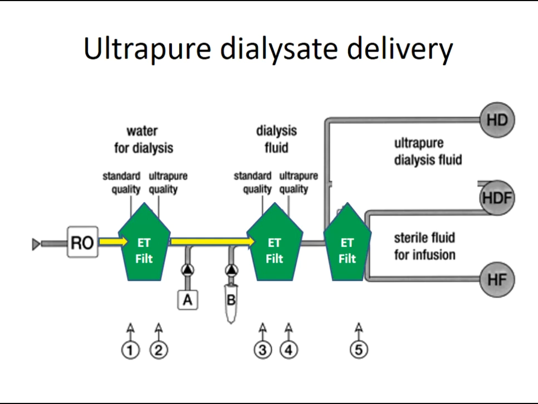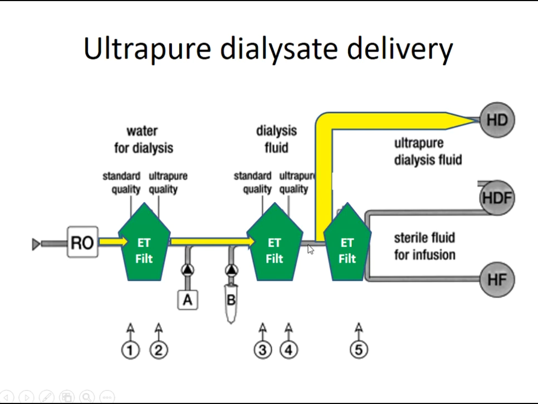While when you are using hemodiafiltration, double endotoxin filtration is essential to produce a sterile fluid for infusion. Only one endotoxin filter is required for high flux dialysis, at least one. But at least two endotoxin filters are required for hemodiafiltration therapy.